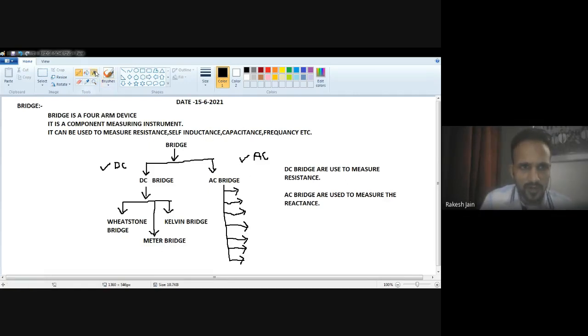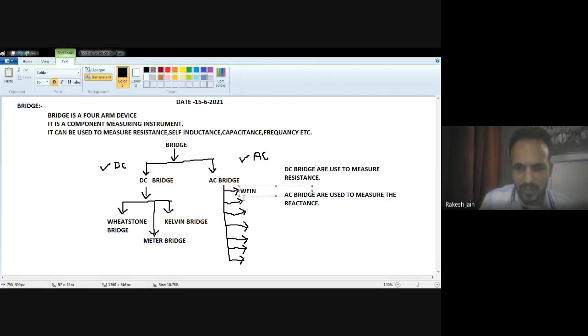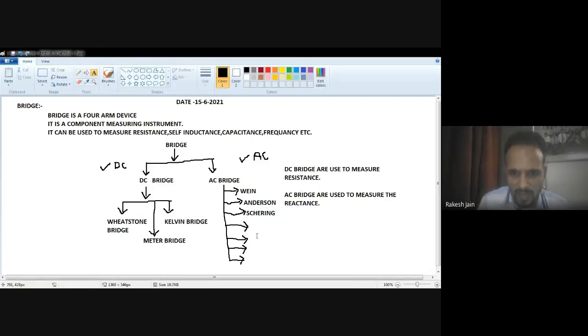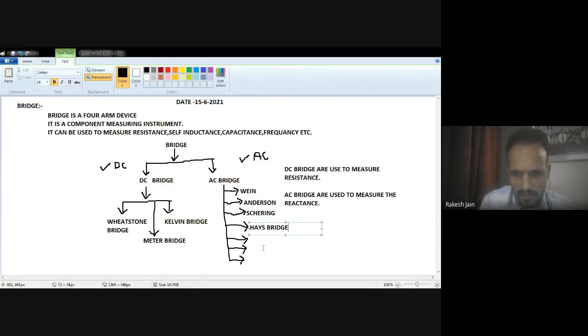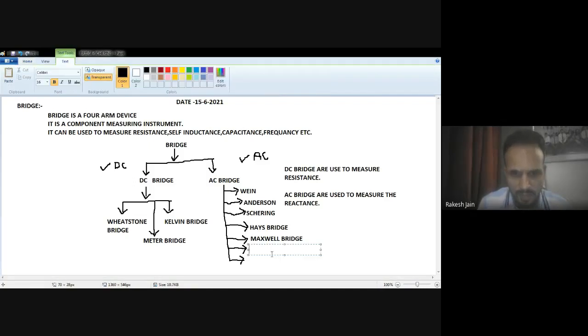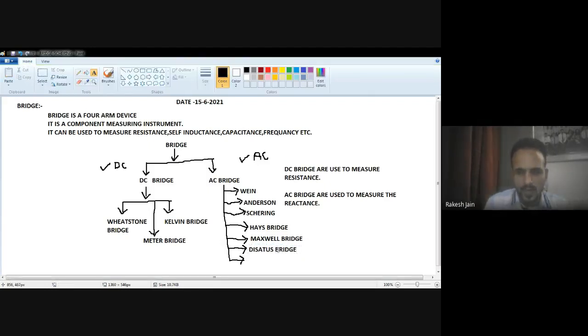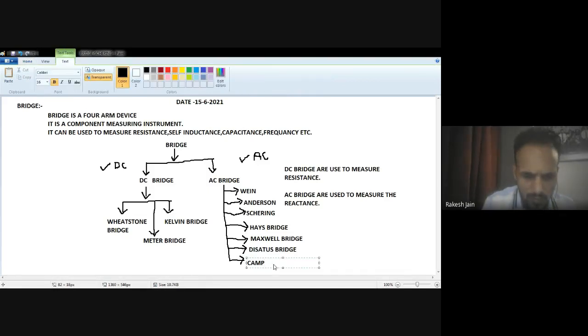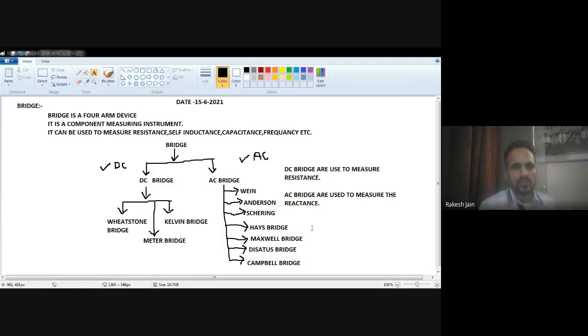The first one is Wien Bridge, Anderson Bridge, Sherring Bridge, then Hay Bridge, Maxwell Bridge, De Sauty Bridge, and Campbell Bridge. There are seven different categories for the AC bridges.